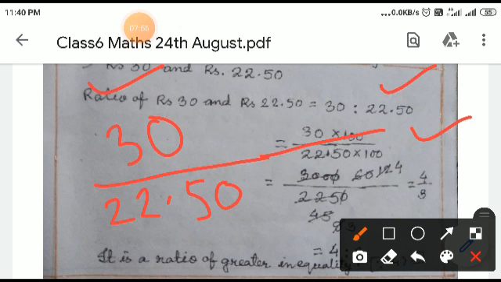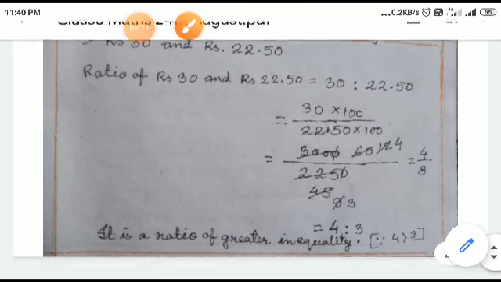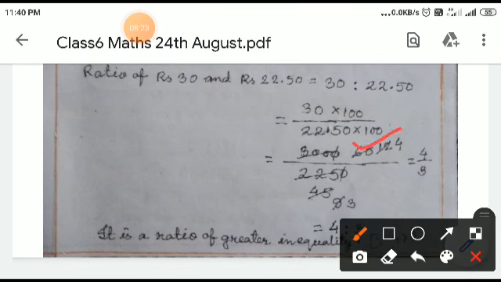So to remove the decimal point, we are going to multiply both the terms by 100, because in the denominator after the decimal point there are 2 digits. So we can multiply both the terms by the same number 100. After multiplication, we are getting 30 into 100 equal to 3000 and 22.50 into 100 equal to 2250.